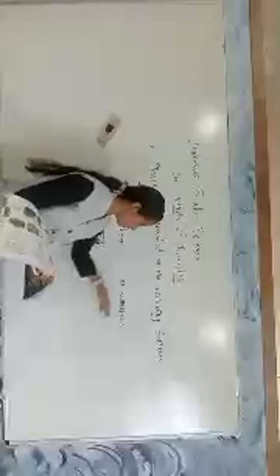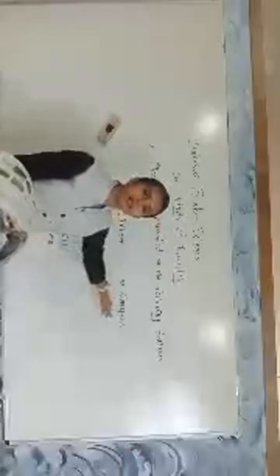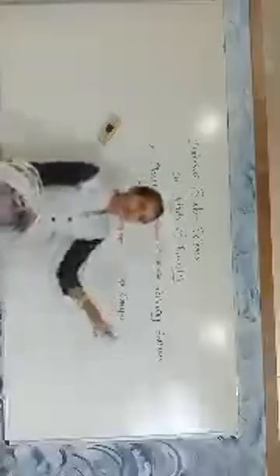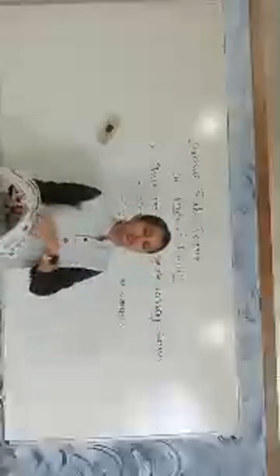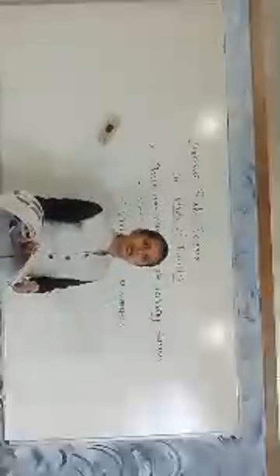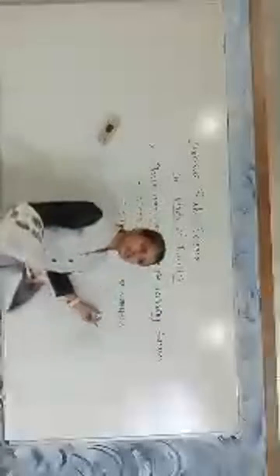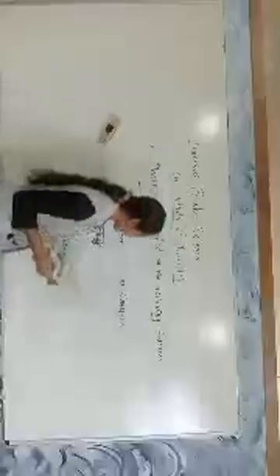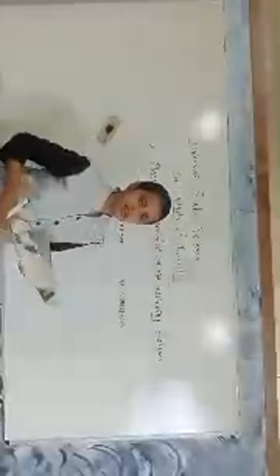So creepers are the plants with weak stems. The fruit is very big in size. So the stem of this plant creeps on the ground and the fruit grows on the ground, because the fruit is very heavy.